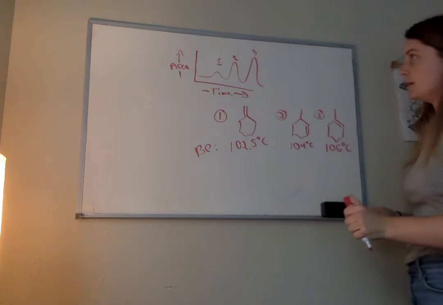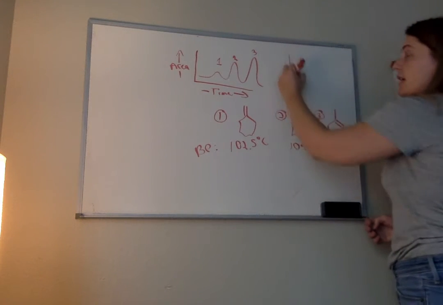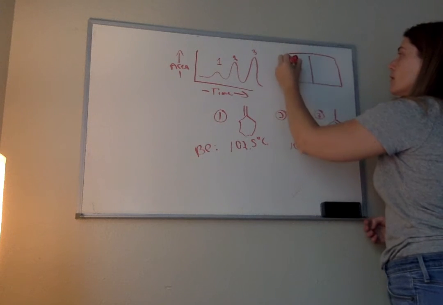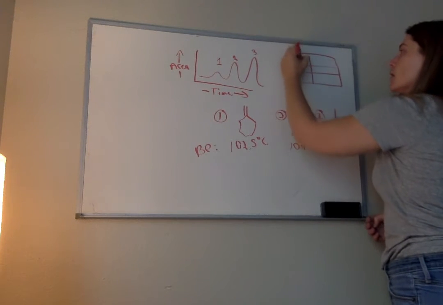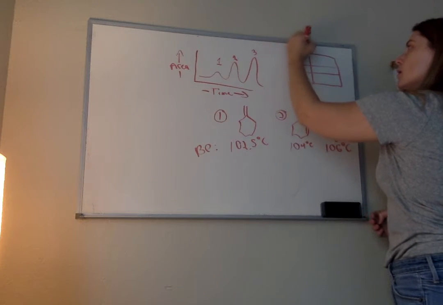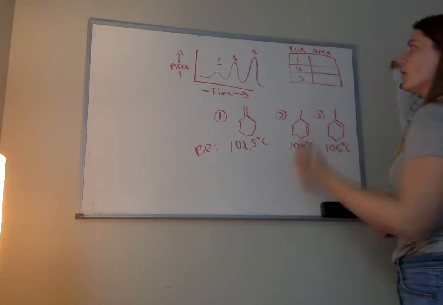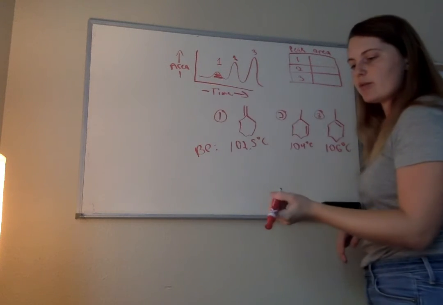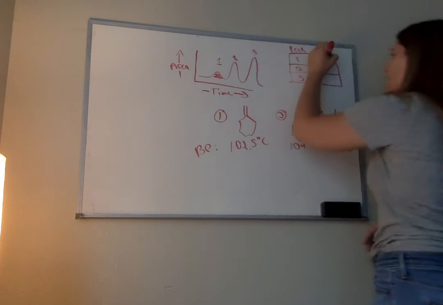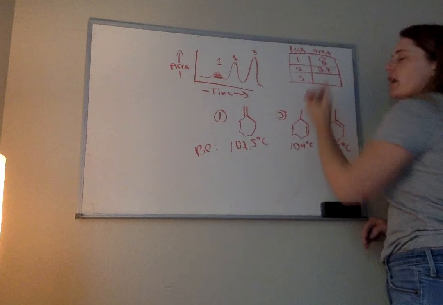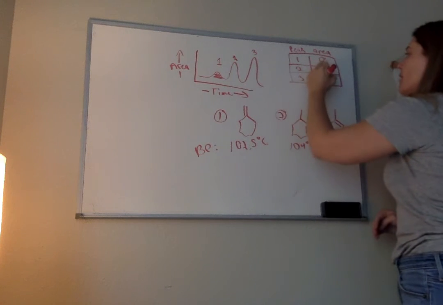Let's say it comes with a table on the side that shows you that peak number 1 has a total area of, what did I put? 8, and then the next one 24, and then the next one 72.